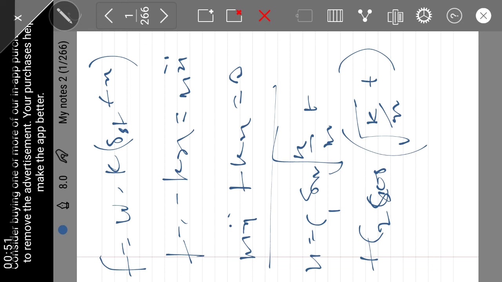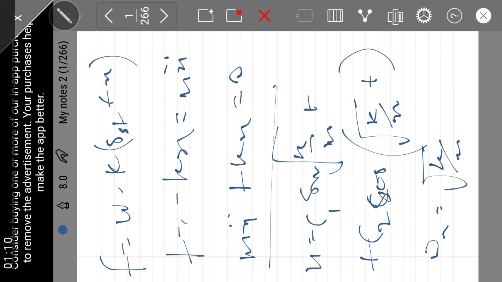X is a periodic function of time and represents a vibration of particle P. Okay, and we know that we can write omega n, which is the natural frequency, to be equal to the root k over m.